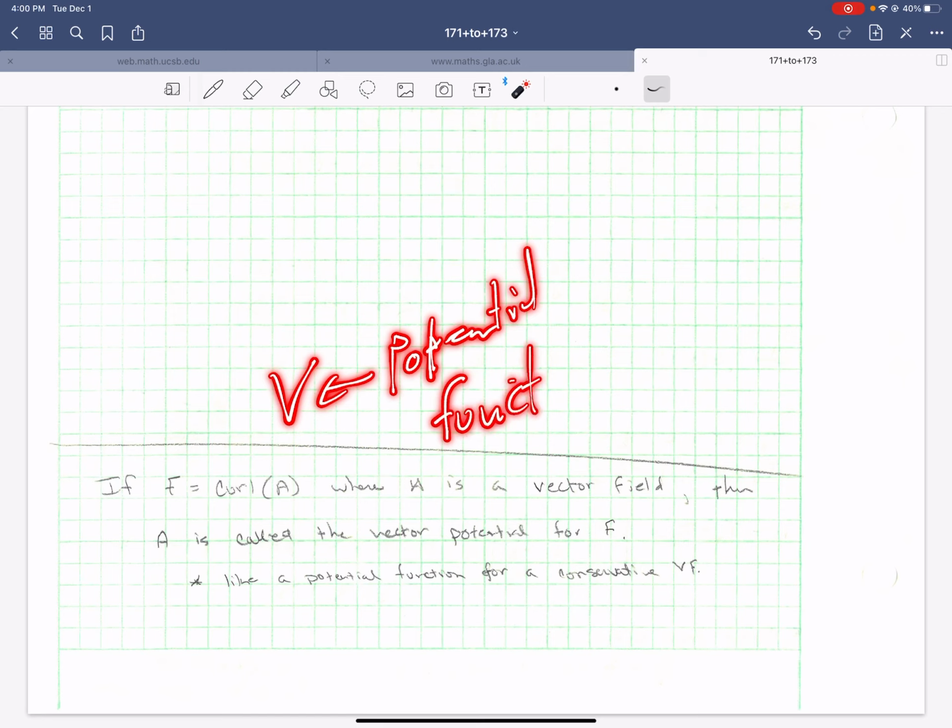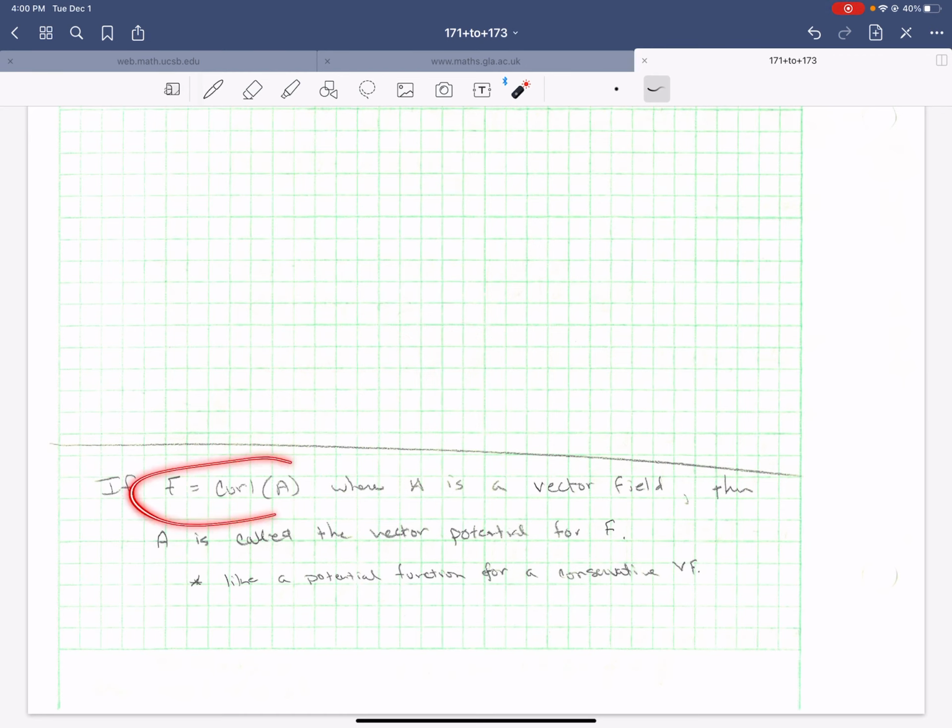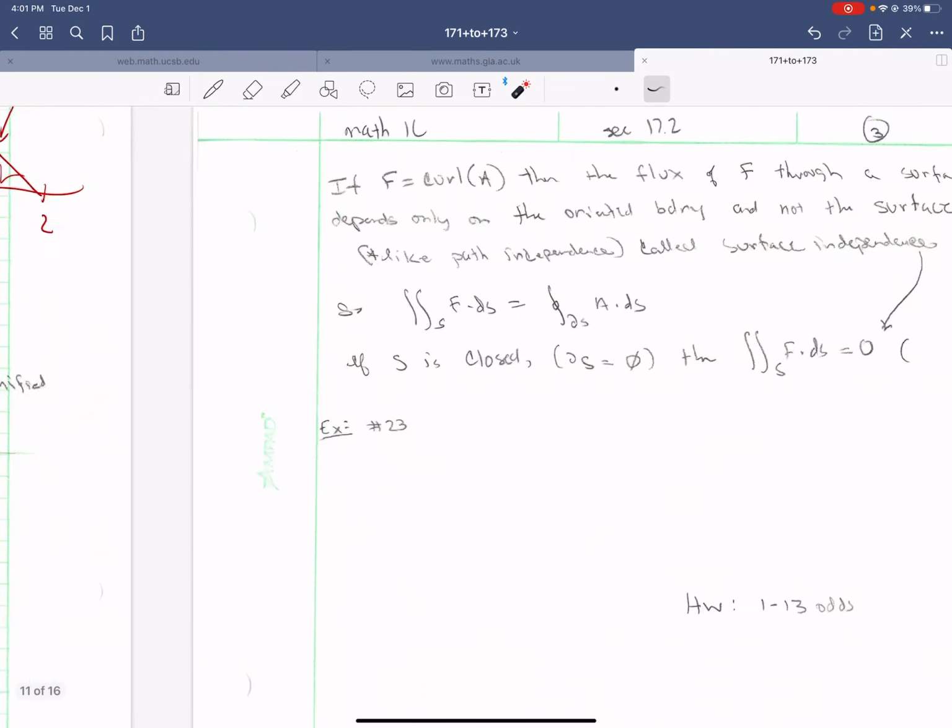So curl is kind of a derivative, and A is a different vector field, and so instead of doing the gradient and then V being a potential function for that vector field, if you trade the gradient for the curl, and F is equal to the curl of A, and A happens to be a vector field, then A is called the vector potential for F. And it's exactly like a potential function for conservative vector fields.